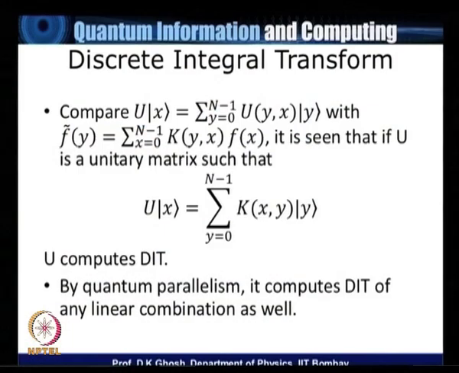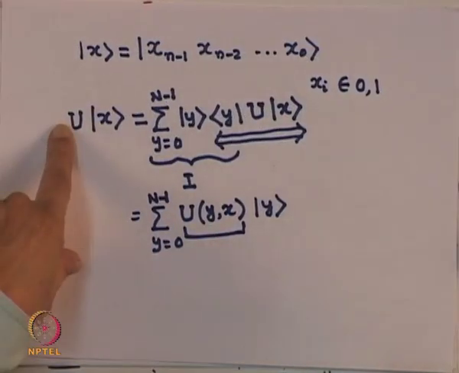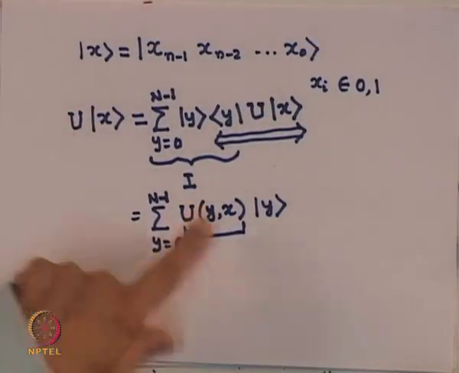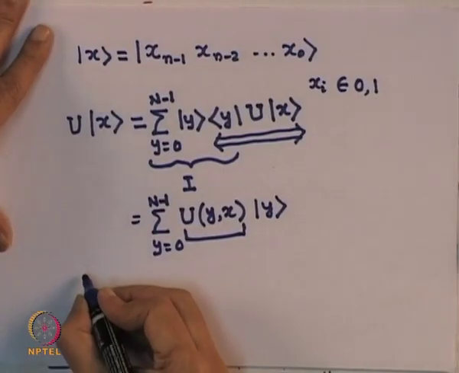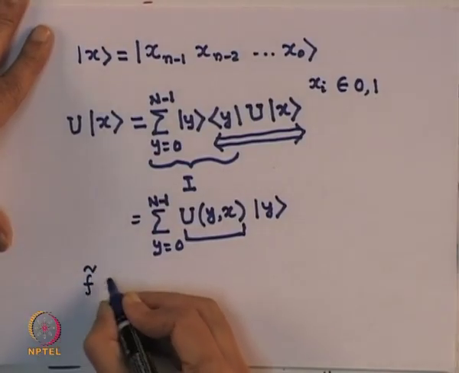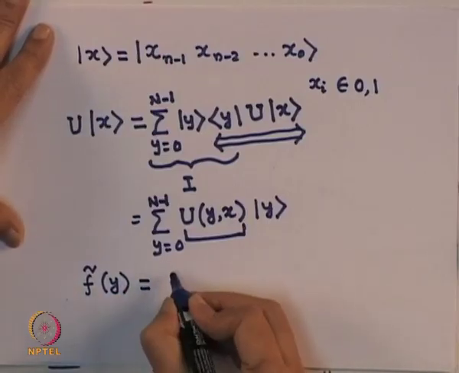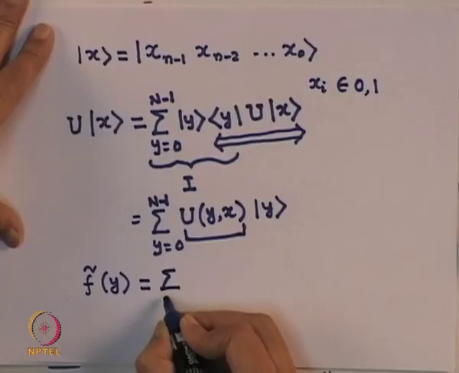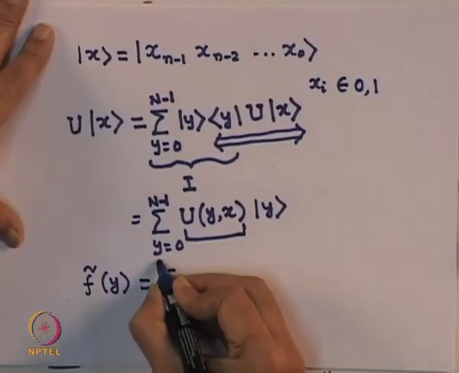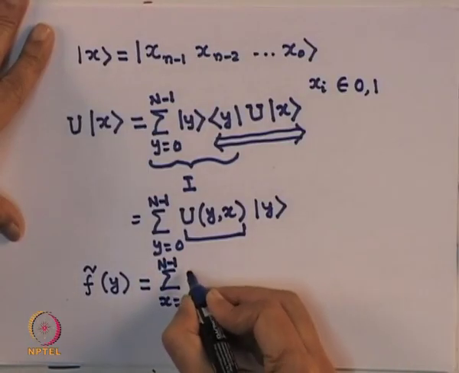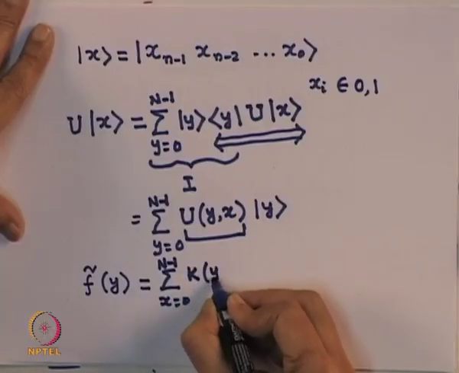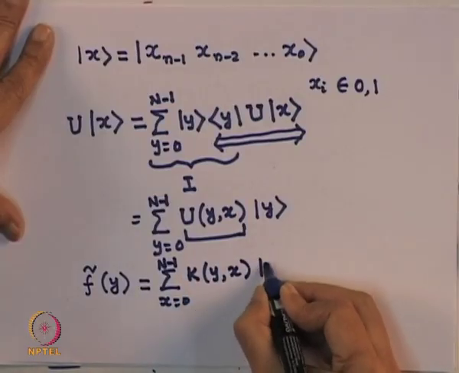Now what I am going to do is this. I am going to take this statement for the way a unitary operator works, and compare it with my definition of the Fourier transform or integral transform. So this was equal to the sum over x equal to 0 to N minus 1 of k_{yx} times x.